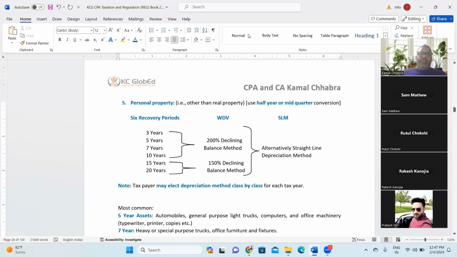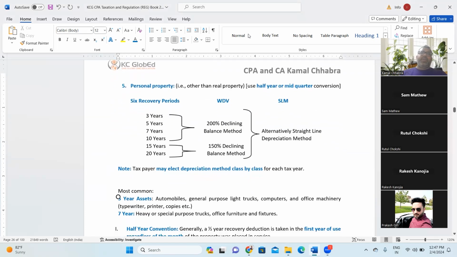Now we are jumping onto personal property. In personal property, there are a few life brackets for the respective category of assets, right? So the 3-year period, 5-year period, 7-year period, 10-year period, most of them, when we are using the written down value method, we use the 200% declining method.